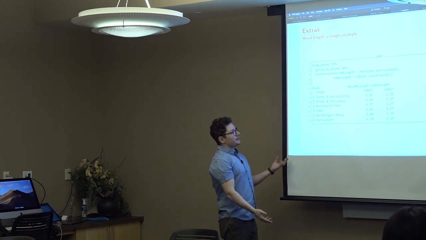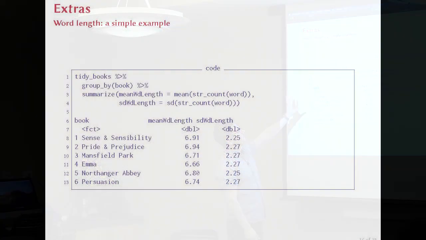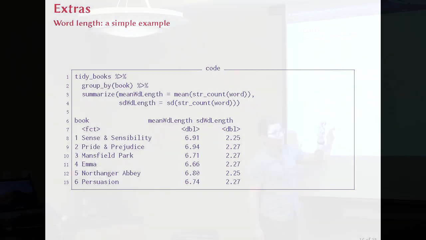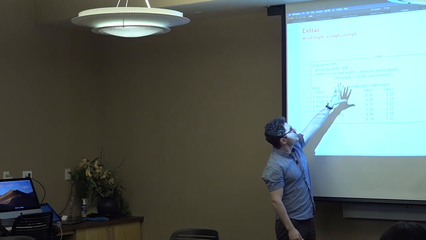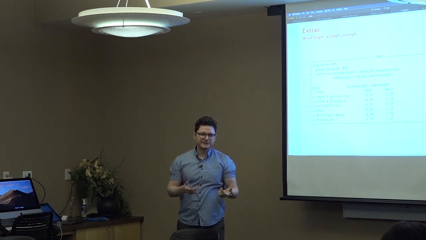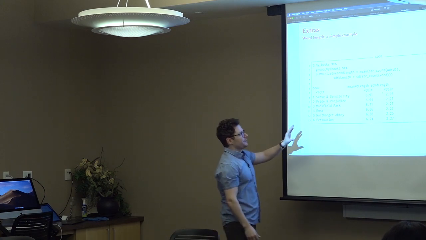And the last couple of things that you could do, just to give you a sense of a very basic thing you can do with text, is look at tidy books, group by book, and create a summary with the mean word length and the standard deviation of the word length. These numbers shouldn't be that different, we know that, but it's just an example.